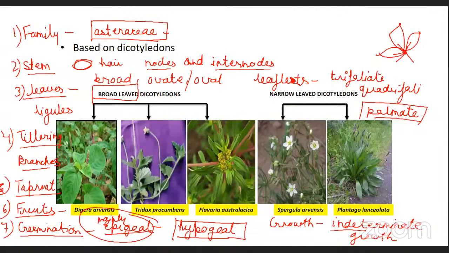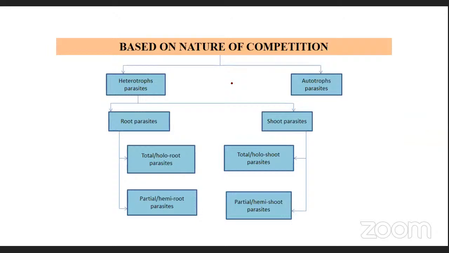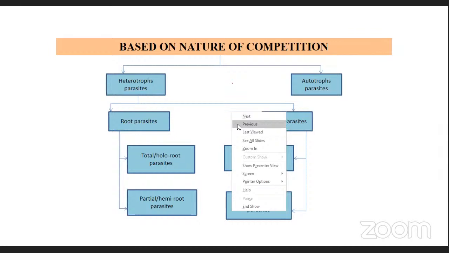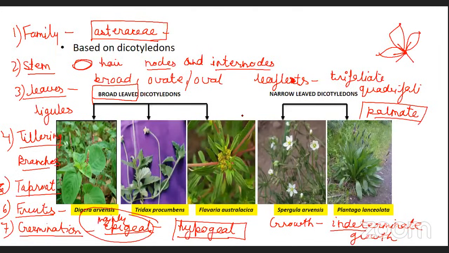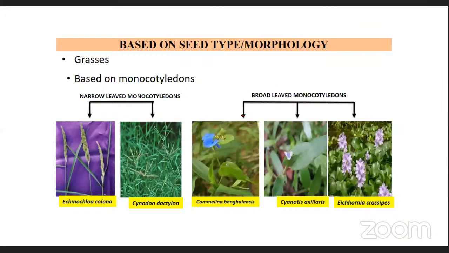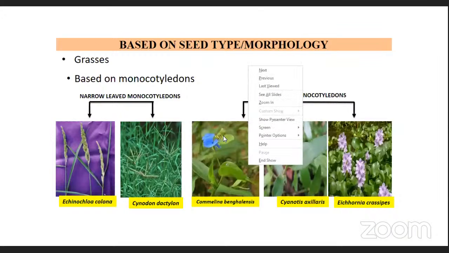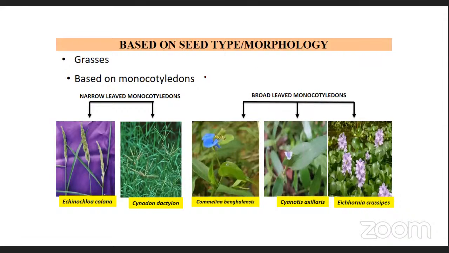So I have completed grasses, sedges, and broadleaf weeds. And one more important thing which I missed yesterday. See, if you look at the plant kingdom, it is basically divided into two categories.